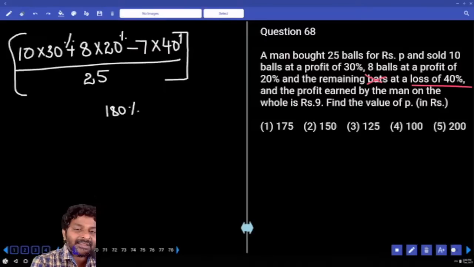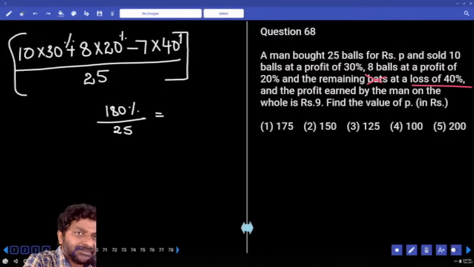Divided by 25. This is overall profit or loss. As it is positive, what are we making? Profit percent or loss percent? Profit only. Agreed?